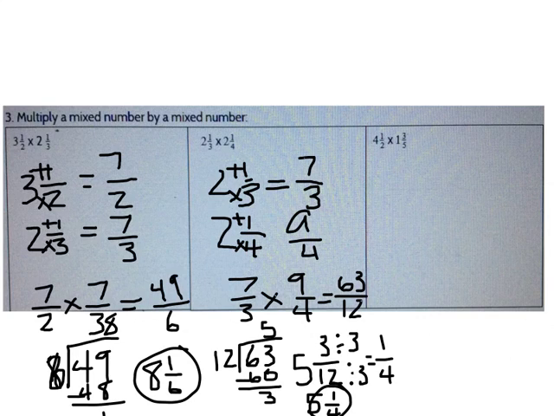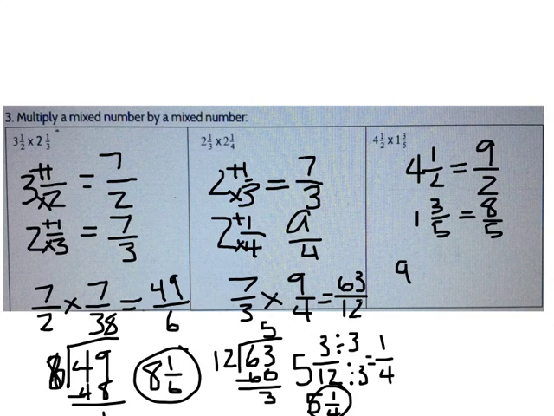Let's see how you did. When I change 4 and 1/2 into an improper fraction, it's 9 halves. When I change 1 and 3/5 into an improper fraction, it's 8 fifths.